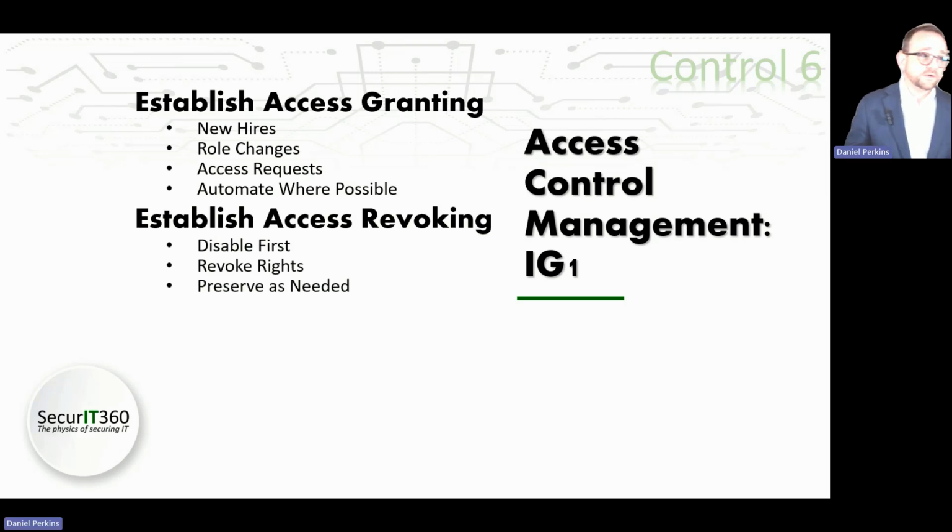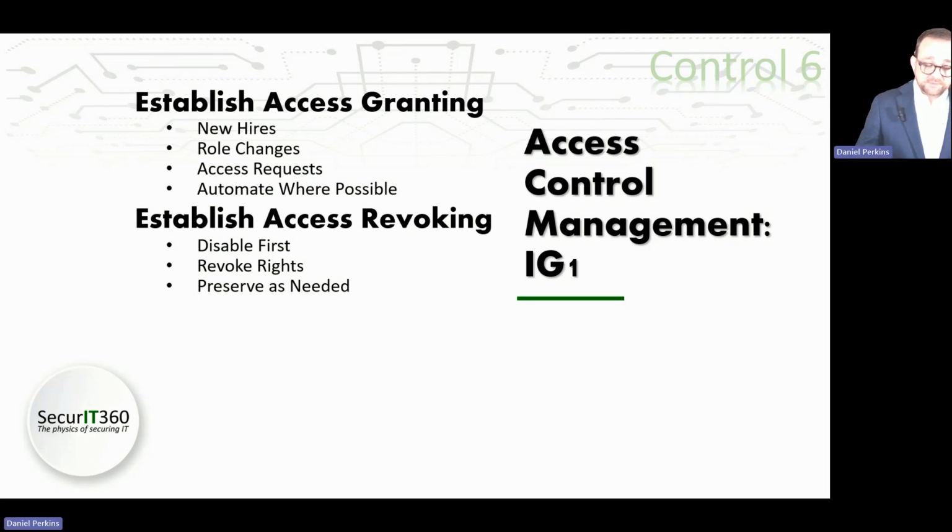Now, the other side of this, right, is as people leave the company, leave the organization, we need to revoke their access. Now, the approach here that we want to follow is a disable first, right? In some of the organizations we talk to, they automatically just delete the account and everything's gone. By disabling first, if we need to get any data out of that account, it's still available for us.